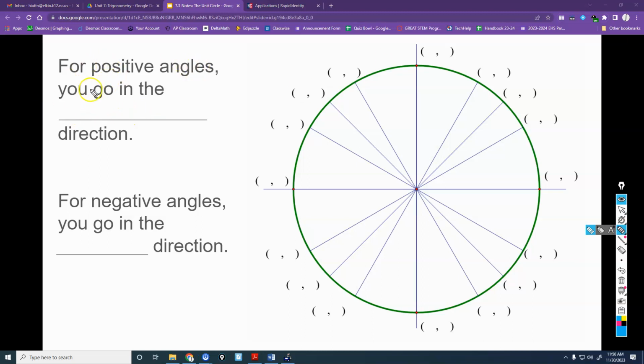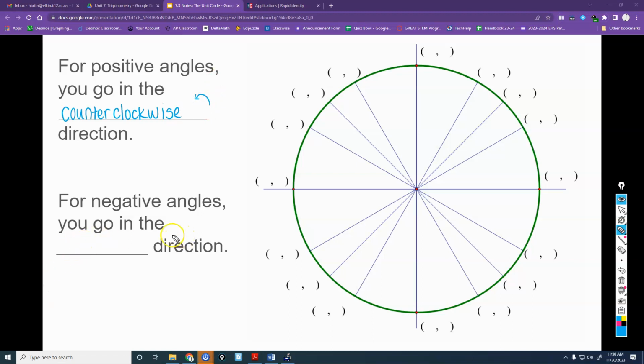For positive angles, which direction do you go in? Counterclockwise, which will look like that.